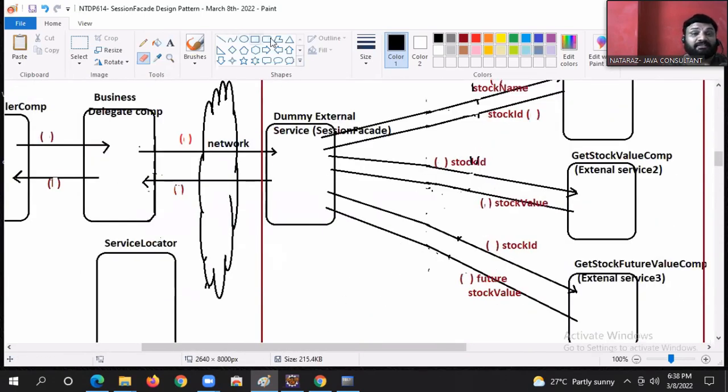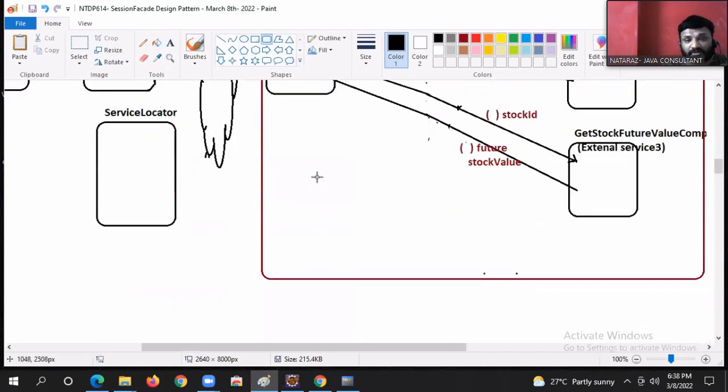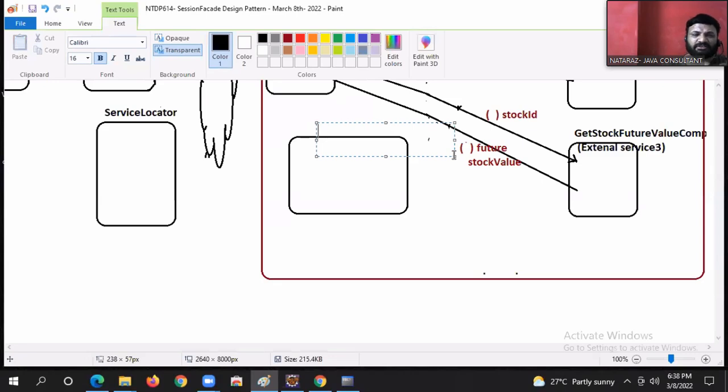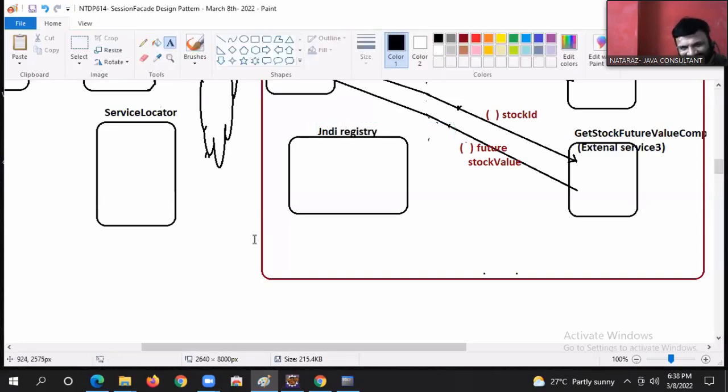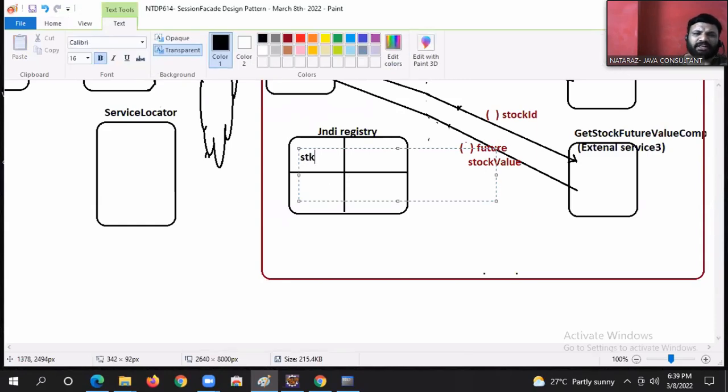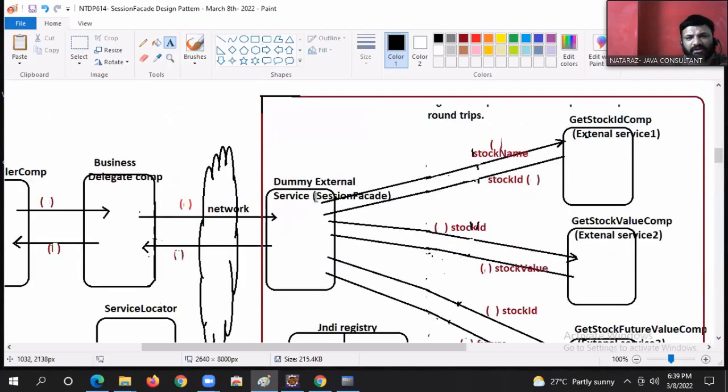Right, this dummy component reference will be stored in the JNDI registry now, boss. Definitely it will be stored in the JNDI registry. Here is my JNDI registry. Okay. Right, guys. StockFacade is the JNDI name.